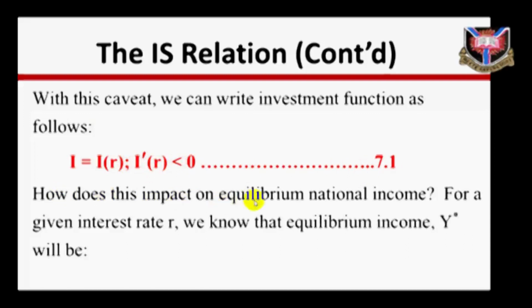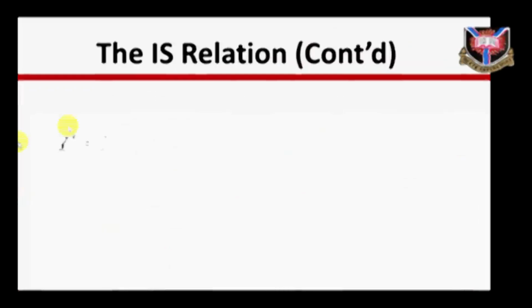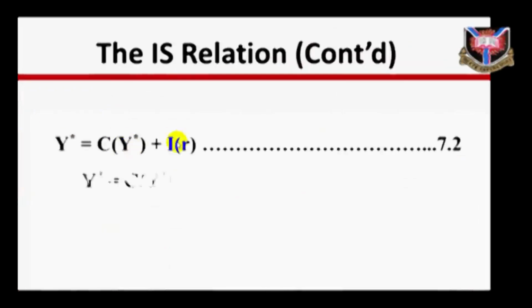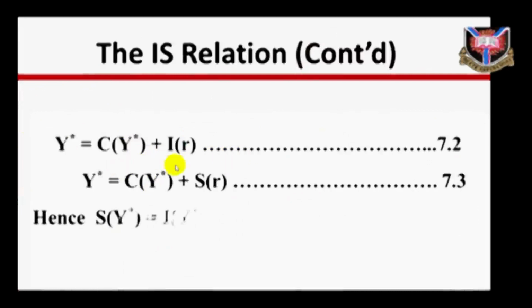How does this impact on equilibrium national income? For a given interest rate R, we know that equilibrium income Y asterisk will be Y asterisk equals C of Y asterisk plus I of R. That is equation 7.2.